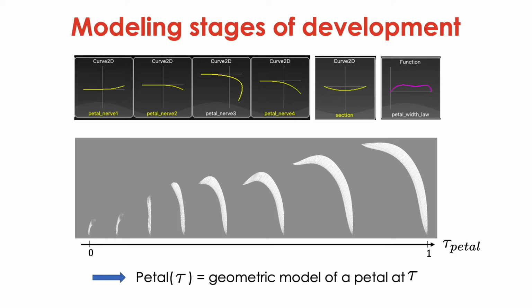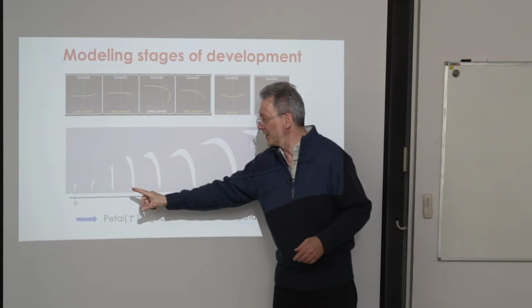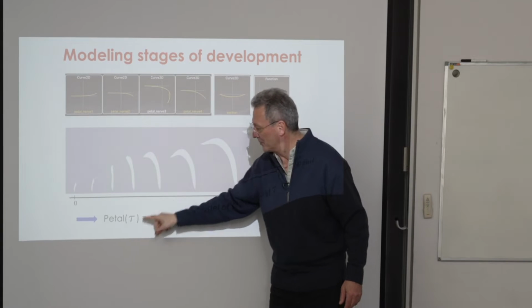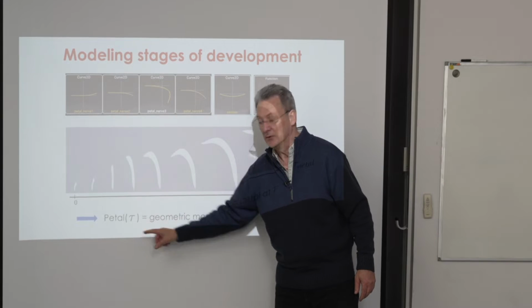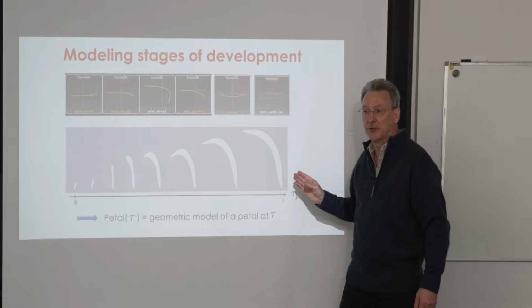So in order to capture this, we also saw that it is possible to create a model and then to interpolate the model throughout time, and then to manipulate this model with a parameter tau that makes it possible to control the moment of the growth where you are.